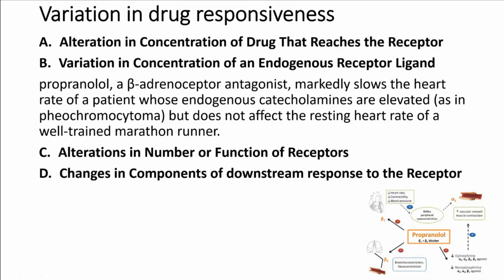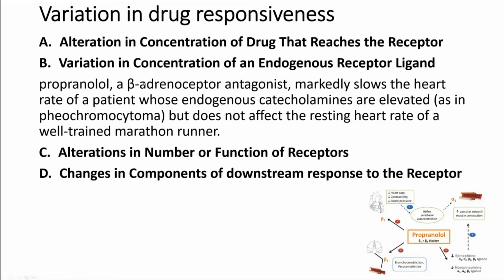The amount of Narcan required to inhibit your opioid receptors is going to be a lot higher because you have a lot of competition, not only from the opioids that you overdosed with, but with the endogenous receptor ligand, the endorphins. So that variation in the concentration has an effect.